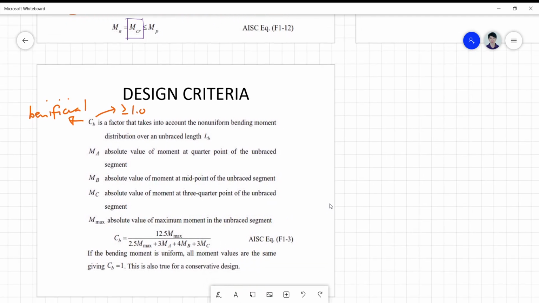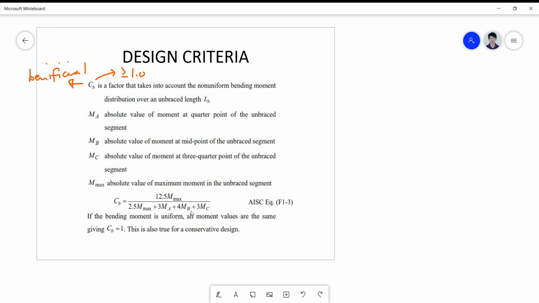So this formula has an alternative. I call this the new formula, although it's no longer new. We have also a parabolic formula.